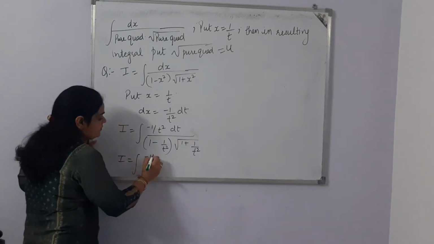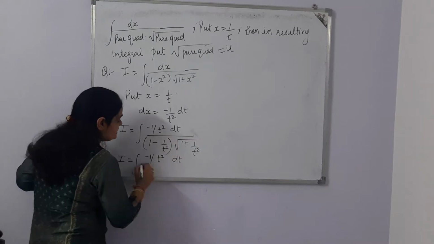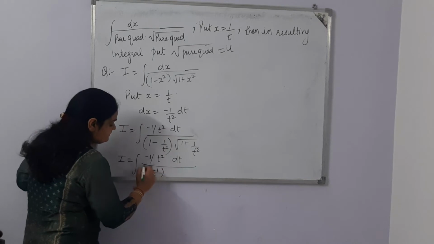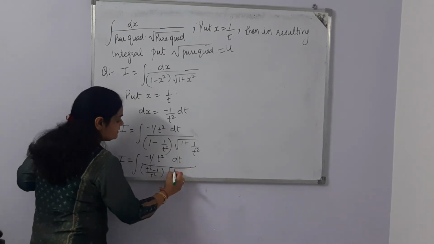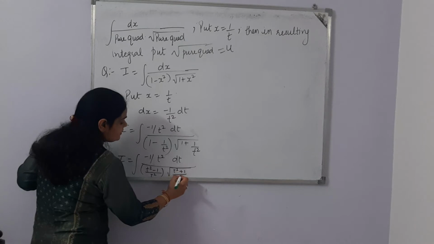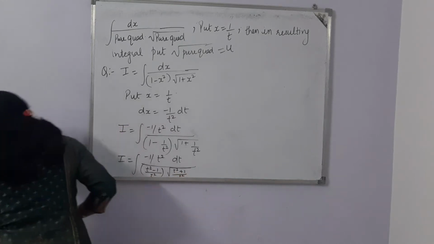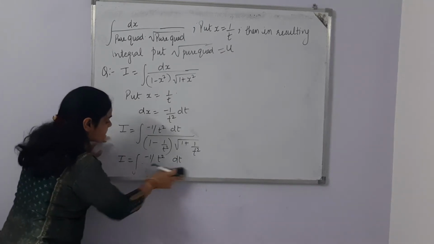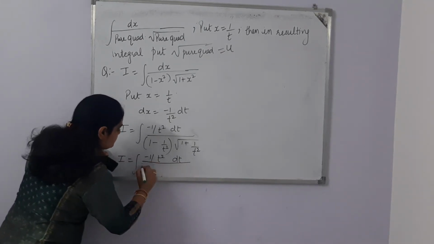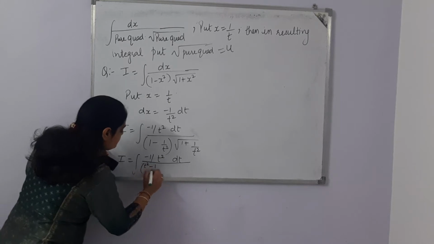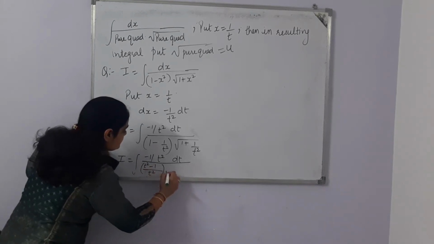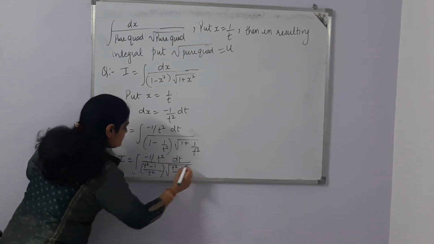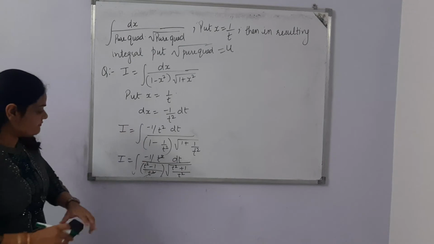So minus 1 by t square dt, I am taking LCM, t square minus 1 by t square, and here in under root I am taking LCM, t square plus 1 upon t square. It is t square minus 1 by t square under root t square plus 1 by t square. Now this t square will cancel out with t square.